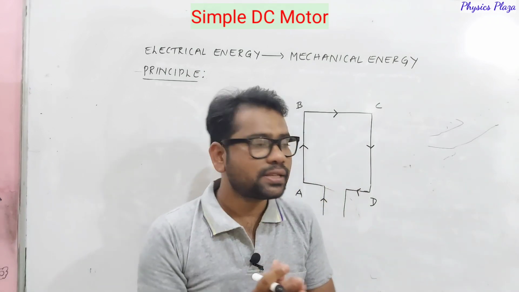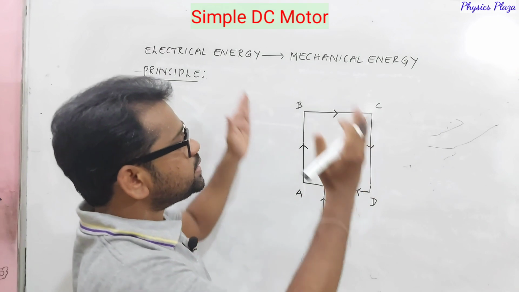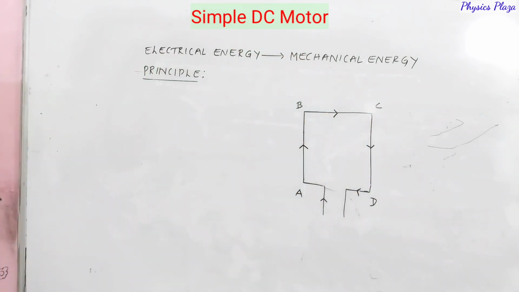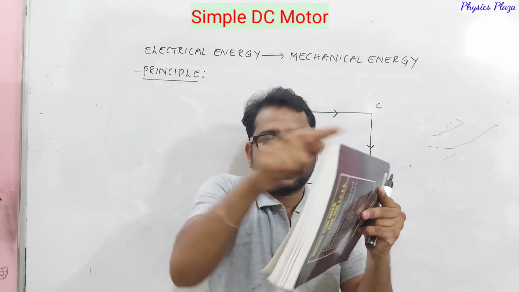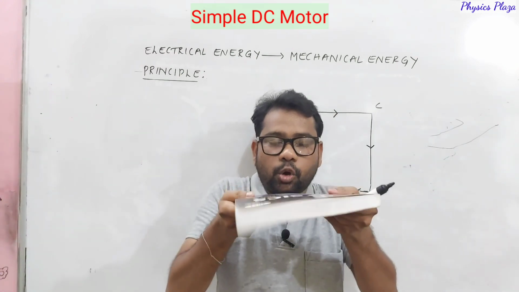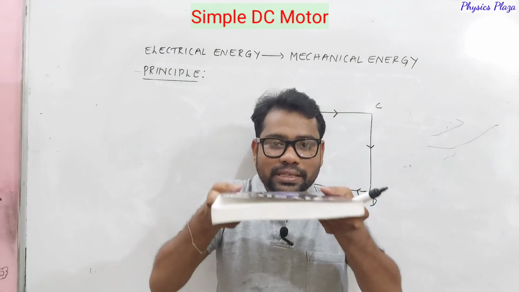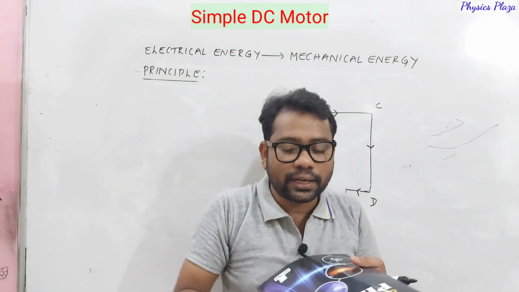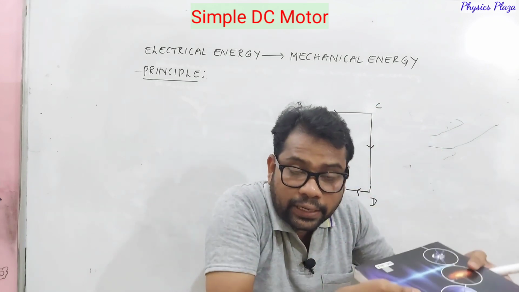Now my point is, if this entire setup is placed in an external magnetic field, think of it as just a rectangular current carrying copper coil with a magnetic field around it, don't forget that. And this entire setup is placed in a magnetic field.